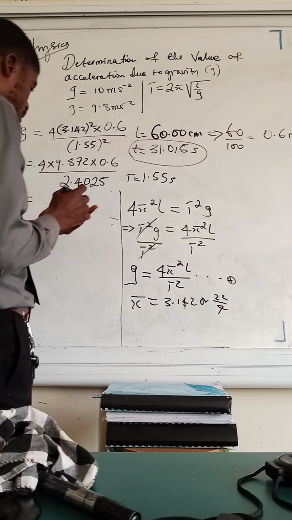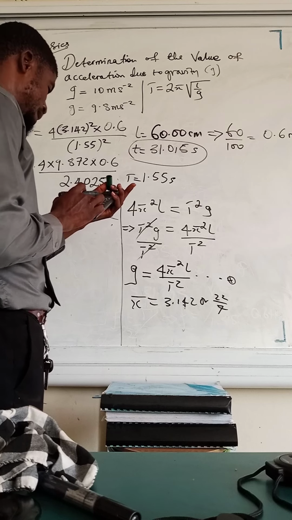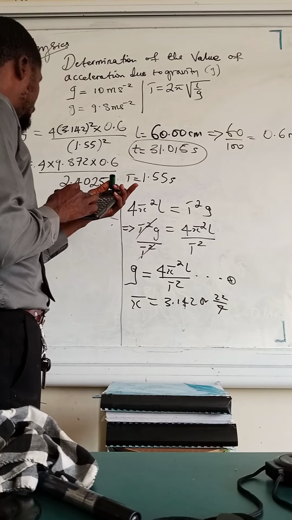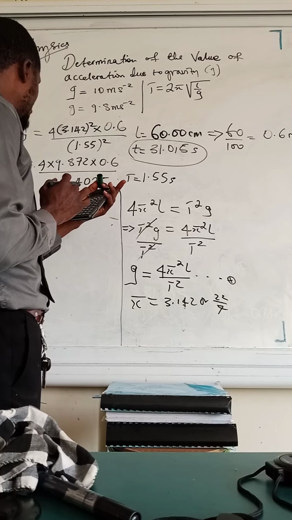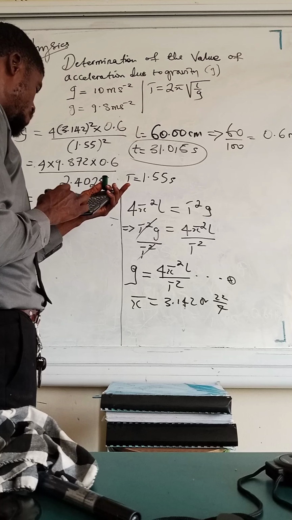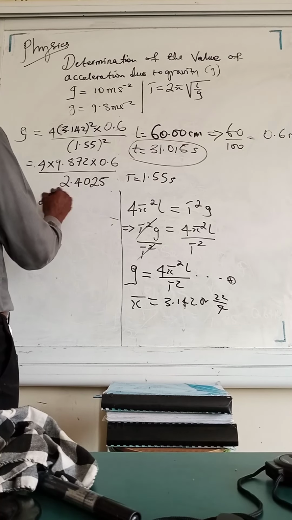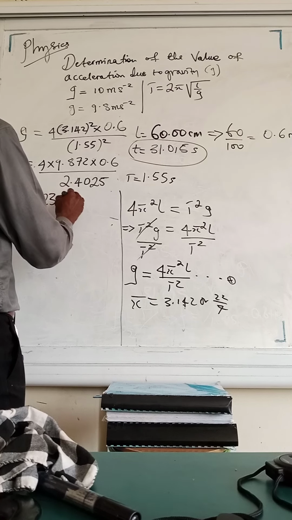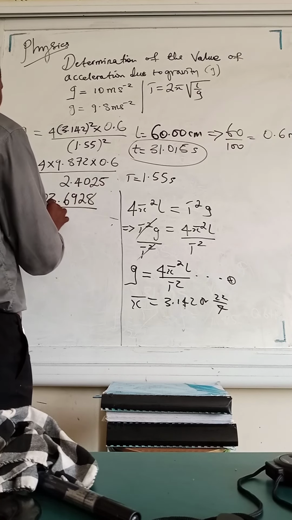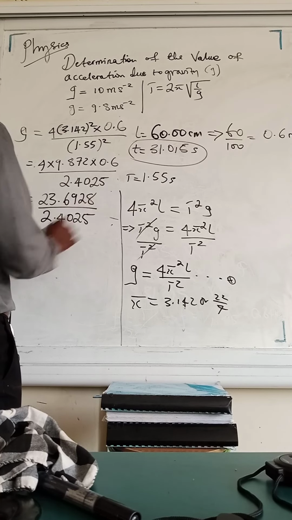Let's evaluate the top. So we have 4 times 9.872 times 0.6. We have 23.6928 divided by 2.4025.